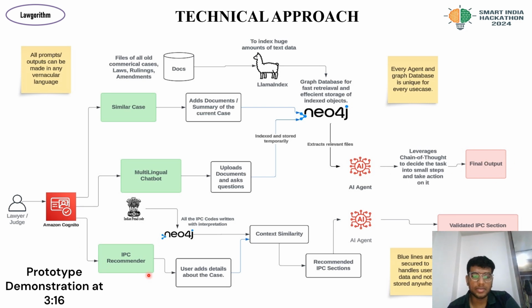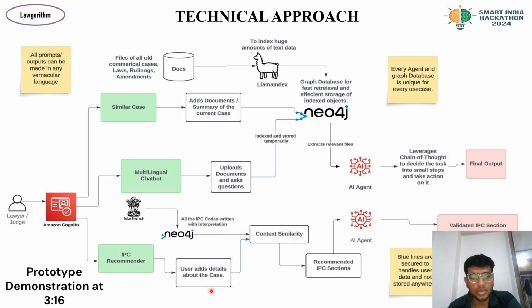The third solution we have is an IPC section recommender. There might be a lot of issues with what IPCs would be applicable to a particular case. So in this case, we have a Neo4j database which is fed with all the commercial code laws and amendments which are needed.